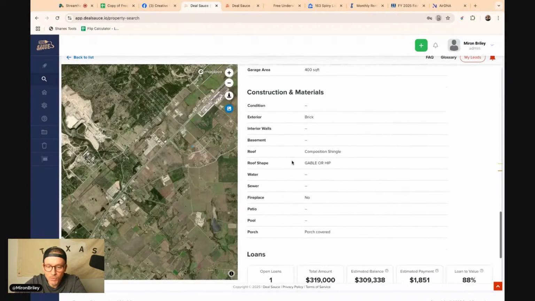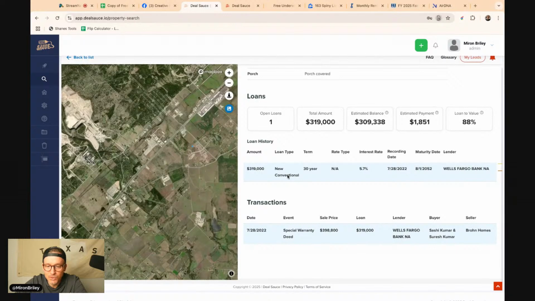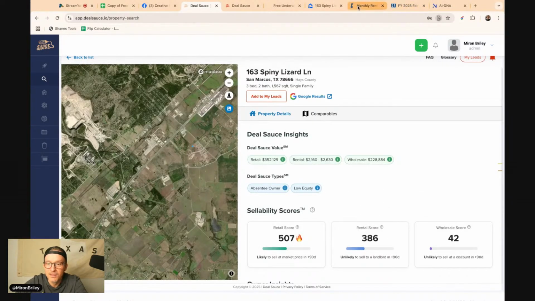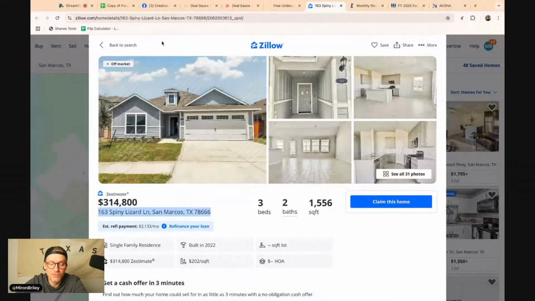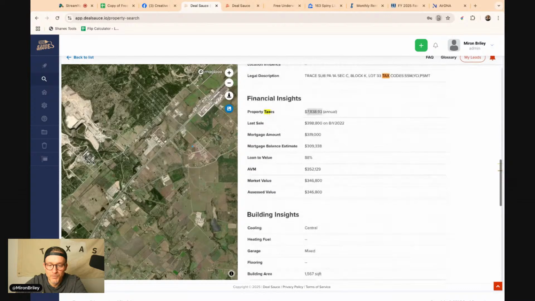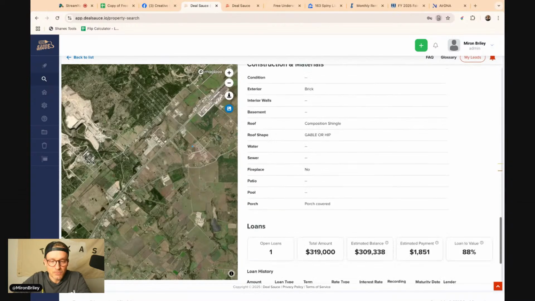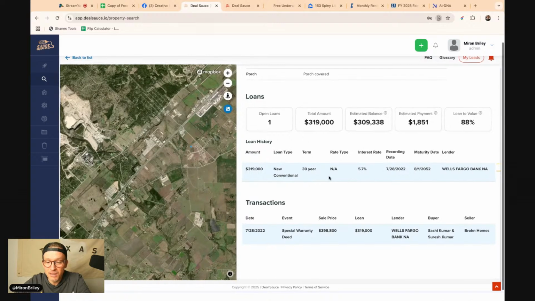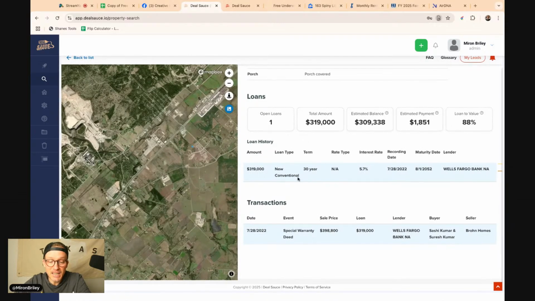Now it's making me think, what kind of loan is this? This is a conventional loan at a 5.7. Do I have the right house? Yes, I do. I say this almost every Zoom when we talk about underwriting and seeing these loans, like pulling conventional. Dude, this could be a VA loan with Wells Fargo.